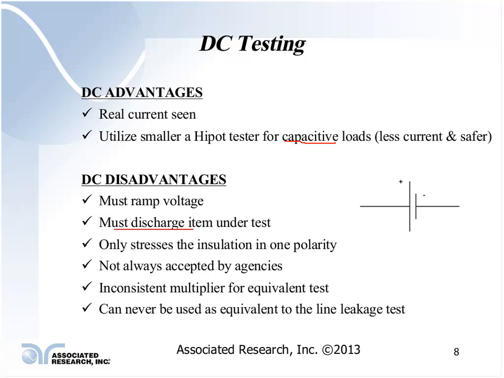And again, DC tests can never be used as an equivalent test for doing a line leakage. You don't have the same multiplier. If I'm doing an AC test, as an example on a product at 1200 volts, I can pretty well predict what kind of line leakage current I would have at 120 volts under an open neutral circuit condition, based upon the leakage current that I see during the Hipot test when line and neutrals are tied together and I'm testing to any exposed dead metal of the product itself.